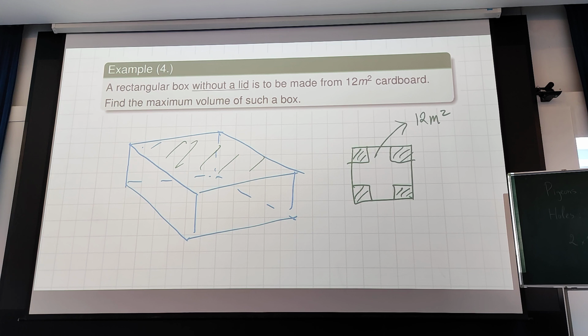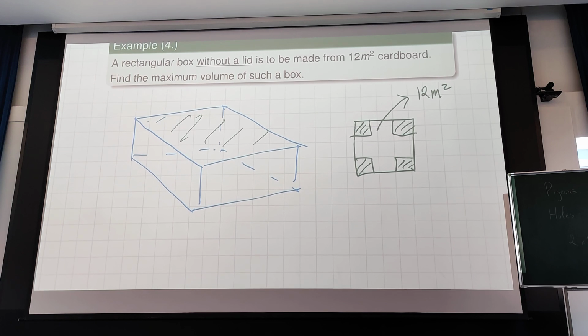Now we need to maximize the volume of the box. So the function to optimize should be the function of the volume. If you want to calculate the volume, you need to know three dimensions of this rectangular box: the height, the width and the length.